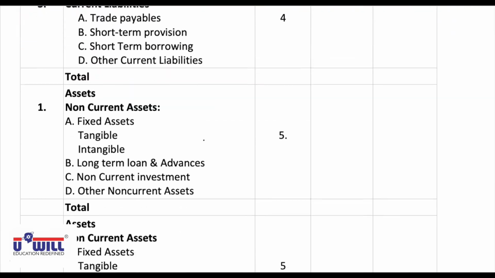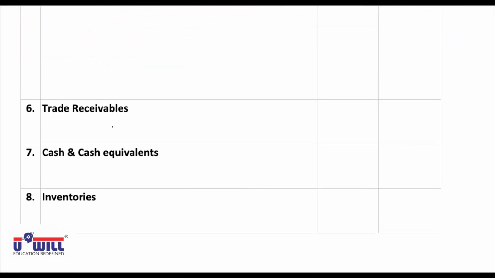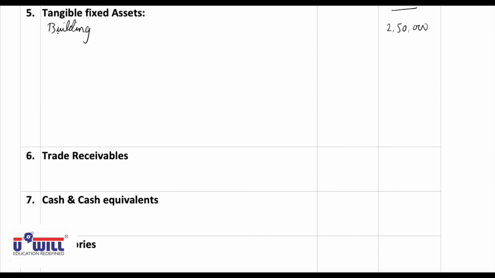So that we have to show in the notes. Plant and machinery 2,55,000 in the inner column, minus written off 30,000, so outer column 2,25,000.